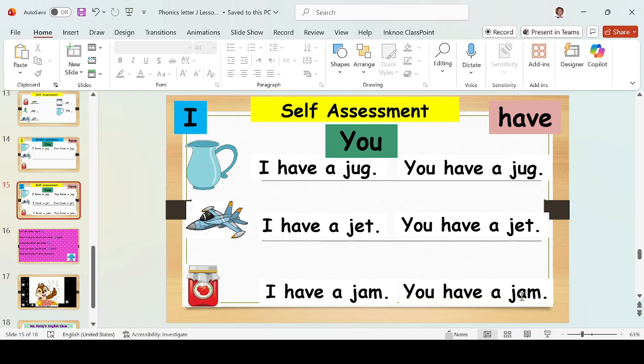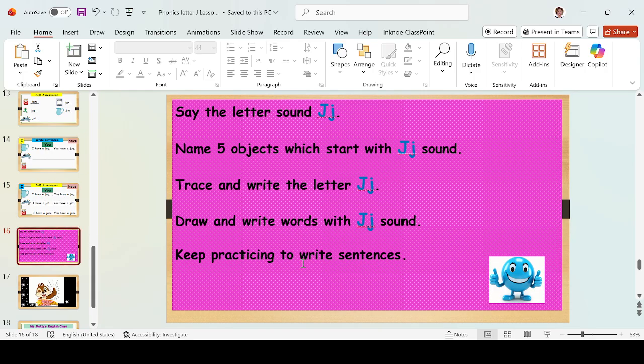So I want you to pause the video, check your sentences. If you made some mistakes, no stress, do your corrections. Okay, you can pause the video and do your corrections. And then when you are done, we move on to this one, your homework. I want you to say the letter sound, j, j, j, j, j.